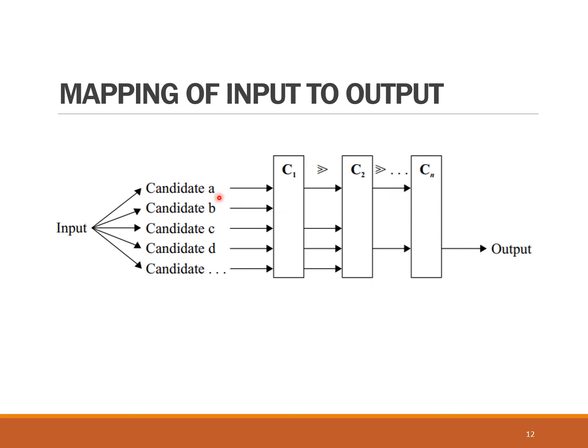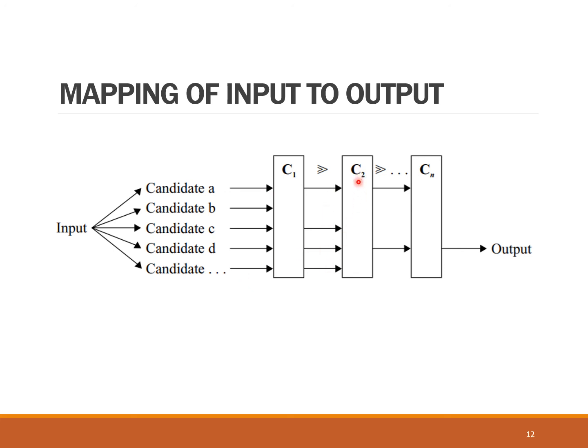So all the candidates will be evaluated by each of the constraints, and then look at this, all the candidates will go to constraint 1. But after constraint 1, this candidate is ruled out. So this does not go to this part. So to the next constraint, out of these 5 candidates, only 4 are supplied.